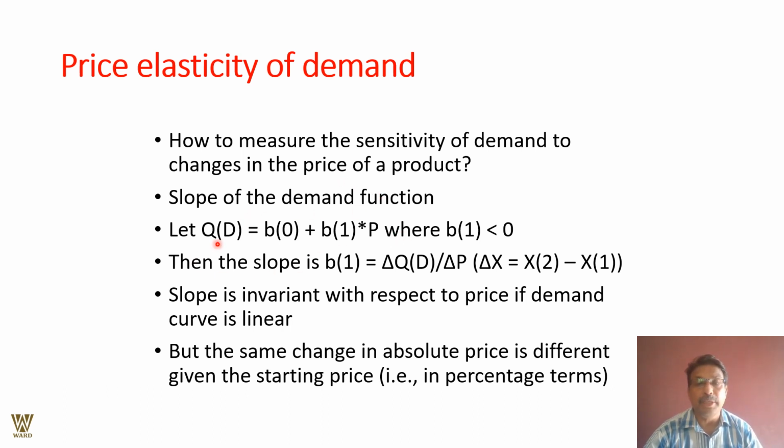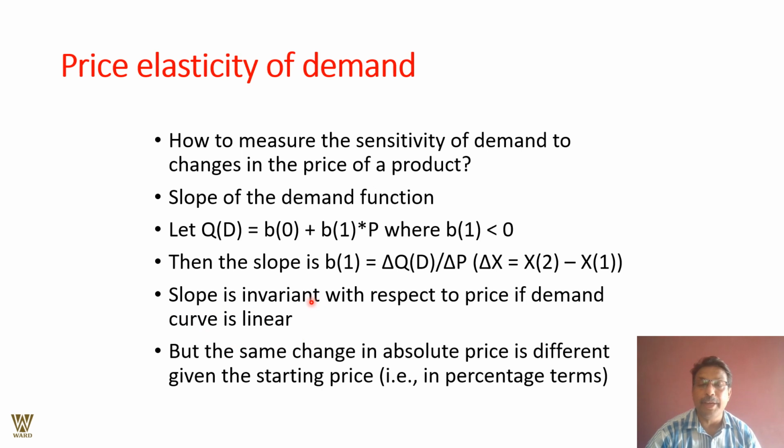The slope of the demand function is Q = B0 + B1 times price, where B1 is more than 0. Then the slope would be delta Q, the change in quantity demanded, divided by delta price. Delta X is the difference between the new quantity and the old quantity, X2 minus X1.